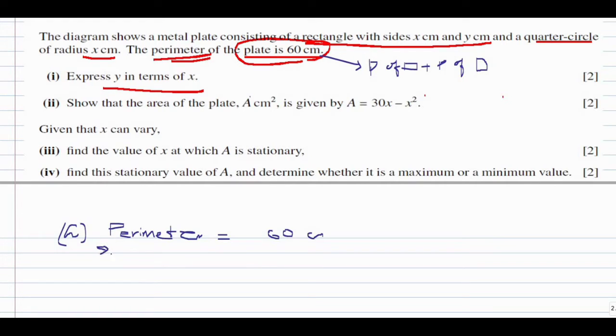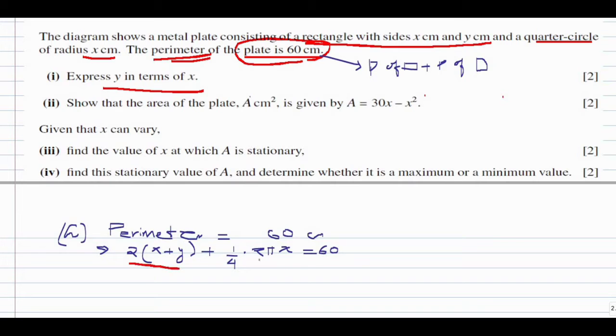So as it is mentioned, the perimeter of the plate is 60 centimeter. You can split it as perimeter of a rectangle plus perimeter of a quarter circle, which is 2 of x plus y plus 1/4 of 2 pi x, which is equal to 60 centimeter.